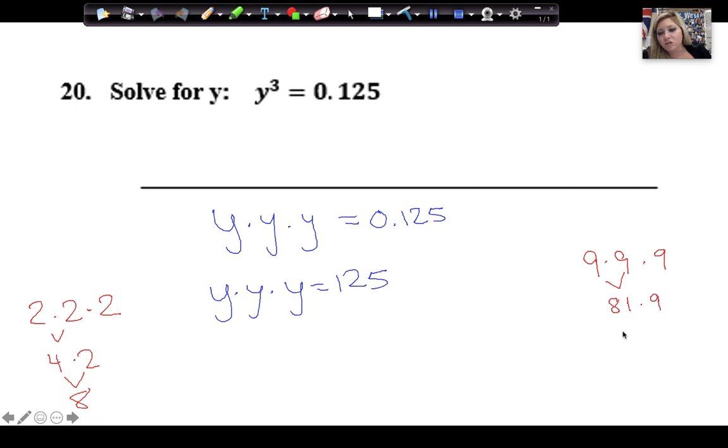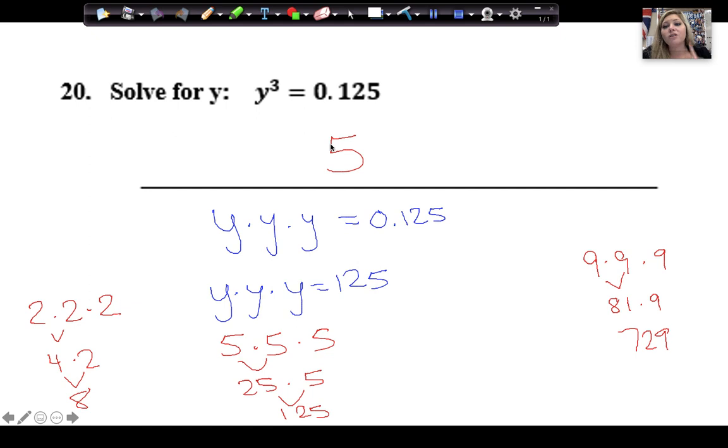It's actually 729. So that's not going to work either. It's probably in the middle of these, so I would go with 5. 5 times 5 times 5. 5 times 5 is 25, and 25 times 5 happens to be 125. So our answer is 5. We are not done, because remember, we forgot about our decimal. We have to go back and put that decimal in there.